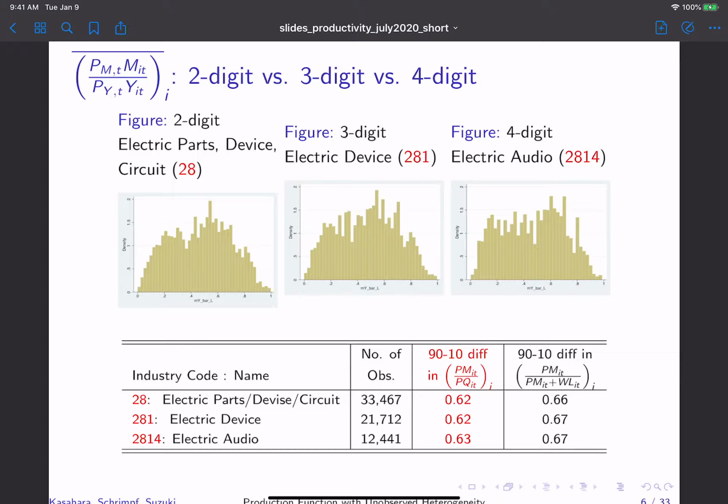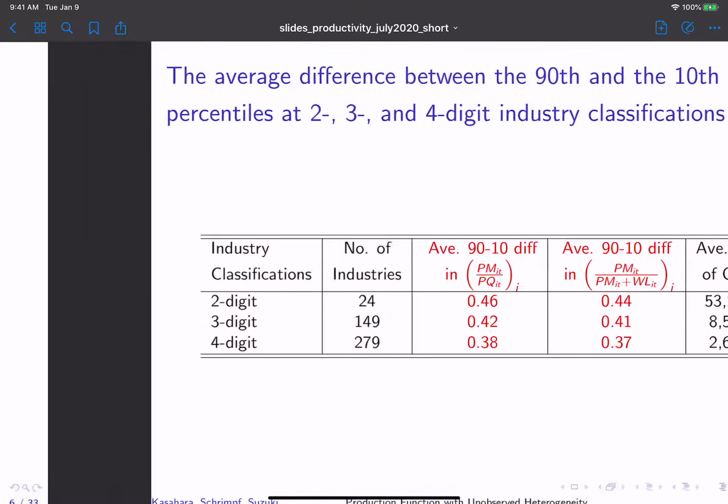But it turns out that in the case of, say, electrical audio, going down to finer industry classification does not help control for heterogeneity at all. I don't have a 5-digit classification, but I imagine that even if you go to 5-digit, you're not going to see much of a difference.